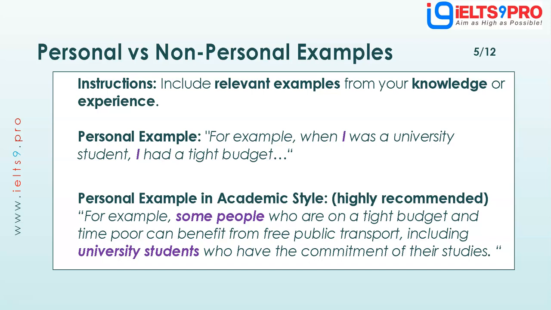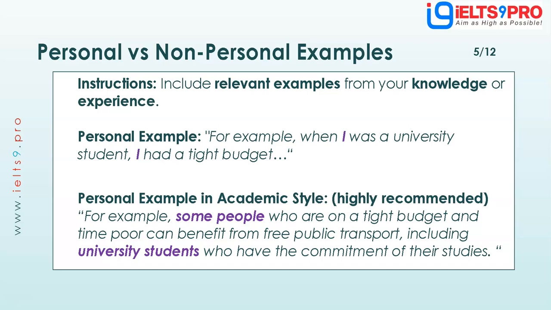For some topics, personal examples might not work, but for some, this one here, which is talking about free public transport, that would certainly fit having a personal example. For example, when I was a student, I had to travel miles to college, and if public transport was not free, it would have been very expensive, and I couldn't have gone.